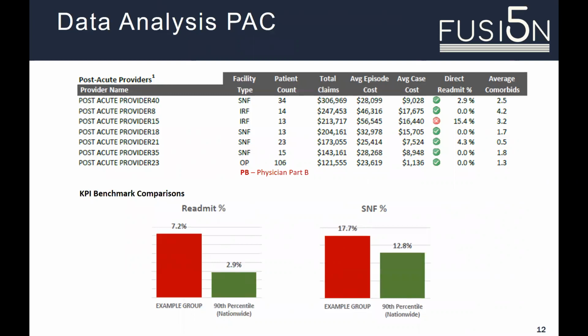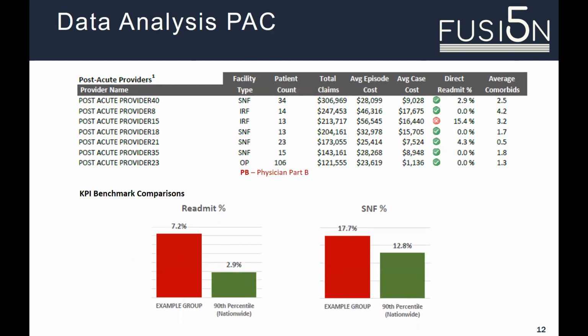And then you see the patient count that went to those facilities during the included time. Again, you see the total claims, the average episode cost, the average case cost, and then the direct readmit utilization, or the direct readmit percentage, and the average comorbid that those patients had that went to those facilities.